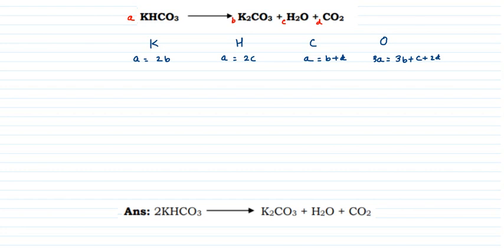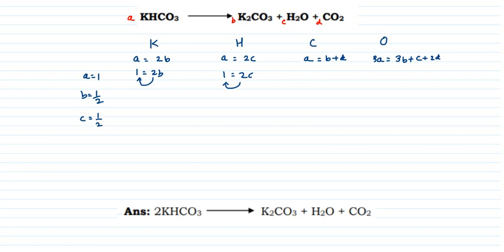Now take A is equal to 1. If A is 1, then 2B is 1, so B is equal to 1 upon 2. Now if A is 1, then what is your C? C is also 1 upon 2.